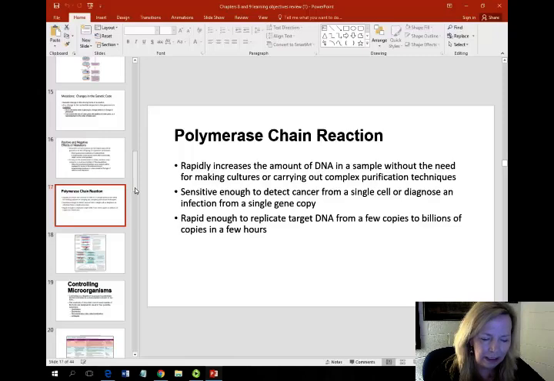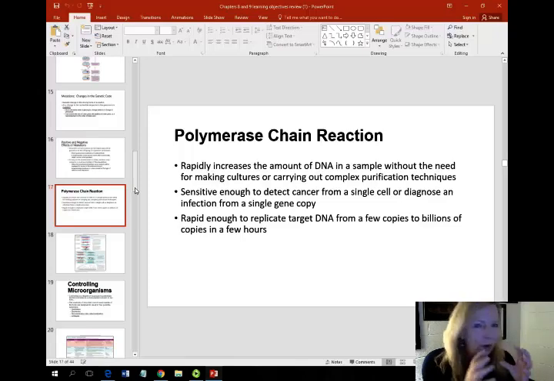In our laboratory we could take one cell that has one DNA molecule. If it's a bacteria, it's a little circular strand of DNA. If it's a multi-celled organism, it might be multiple chromosomes.